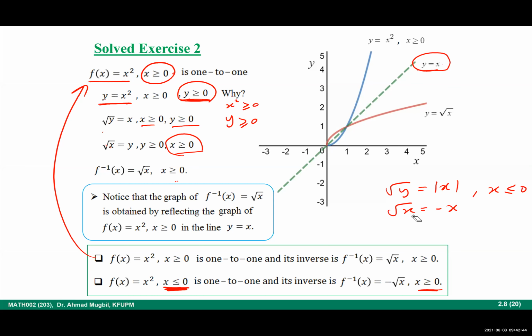You multiply both sides by negative, so it will be x equals negative y, and you will interchange. Then the inverse will be negative square root of x. Okay. X greater than 0 because it is the domain here. The domain here is this, and the range, because of x squared, y here is greater than or equal to 0. So the range of the function will be the domain of the inverse.